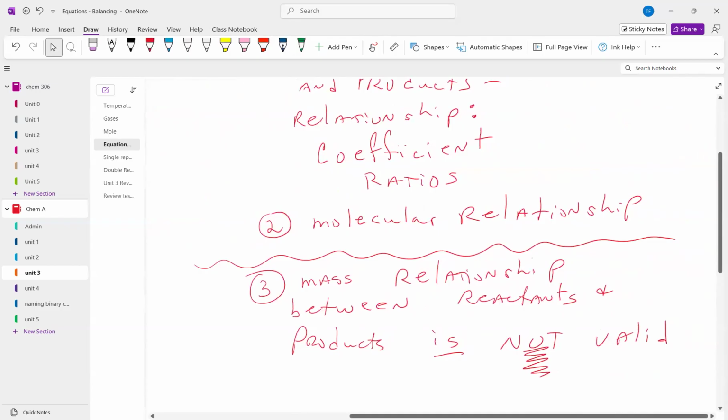Okay, so why we balance equations is for this relationship. Now we have a molar relationship between everything, but only after we balance it. It's not valid unless it's balanced. And if something is in mass or liters or a number of molecules, you have to convert it to moles.